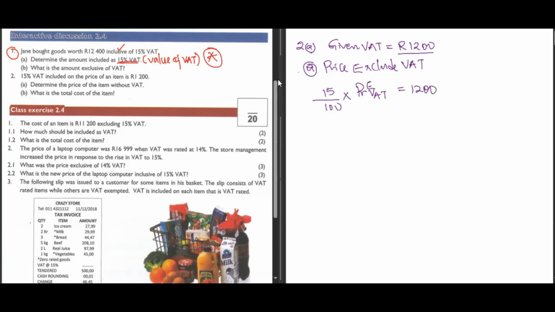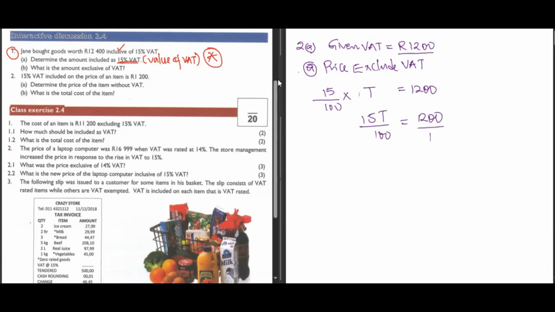So we can easily say, the price that we are looking for, we don't know it. We can put any letter of our choice. We can put T. So it becomes 15T over 100 equals 1,200.